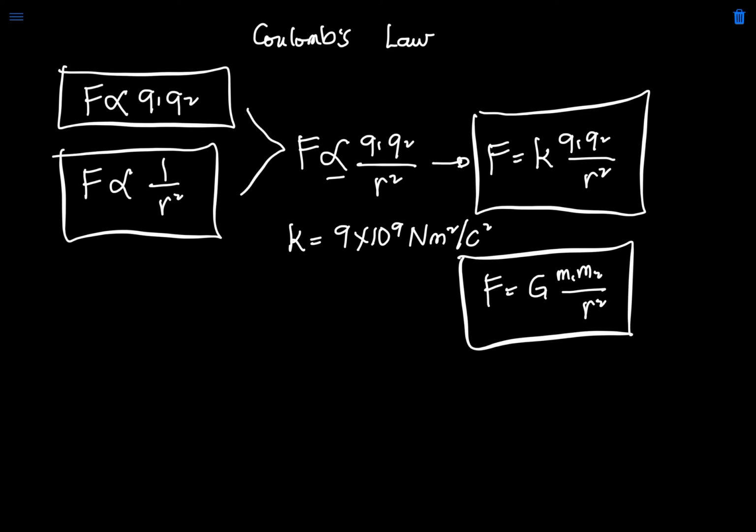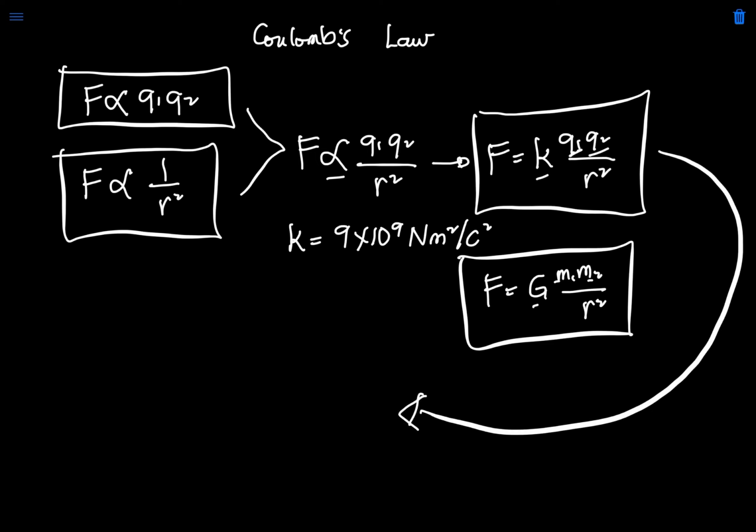The only difference is that they have different proportionality constants, and Coulomb's law talks about the attraction between two charges, while in the universal law of gravitation, we talk about the attraction between two masses, for example, two planets. Okay, let's discuss more about this formula.